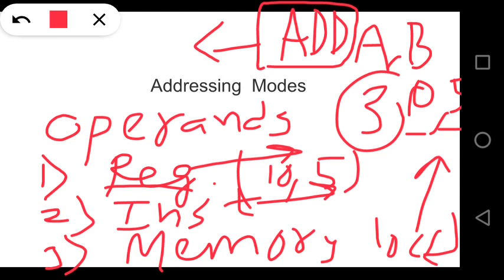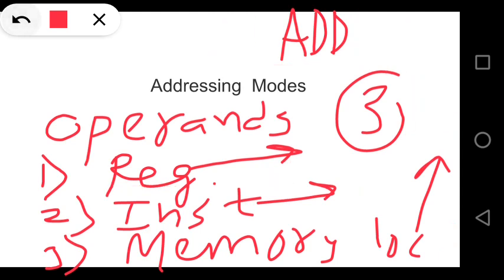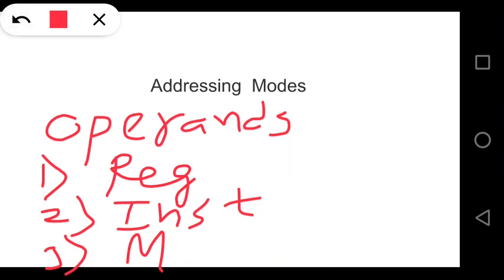Then what should A and B contain? Yes, the address of the memory location where 10 is stored and the memory location where 5 is stored. Are you getting it? So let me discuss with a simple example so that you understand the need for addressing modes.